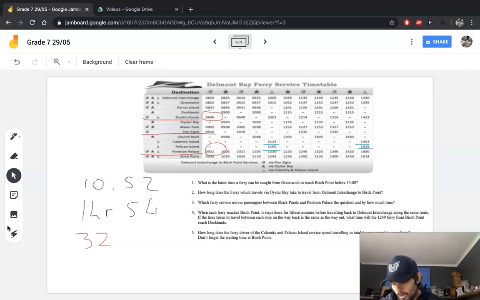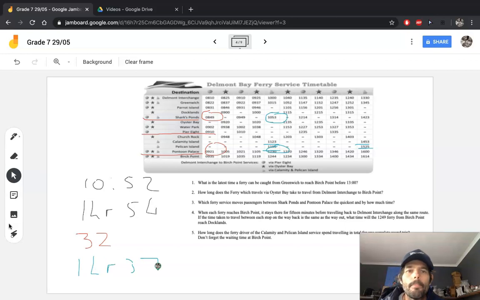Then if you had a look at the service that went via Calamity Island and Pelican Island, it leaves at 10:53 from Shark's Pond. It arrives at Pontoon Palace, there it is at 12:30. Okay, and you can see that that's going to be way more than 32 minutes. That's going to be 1 hour and 37 minutes.